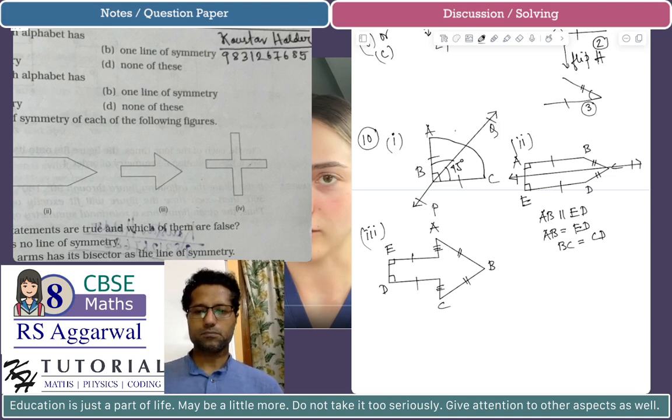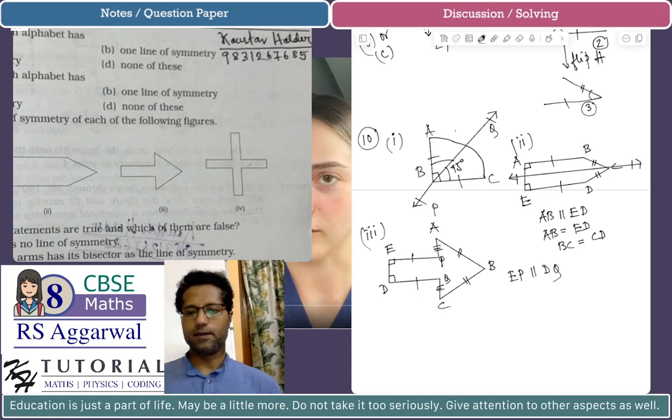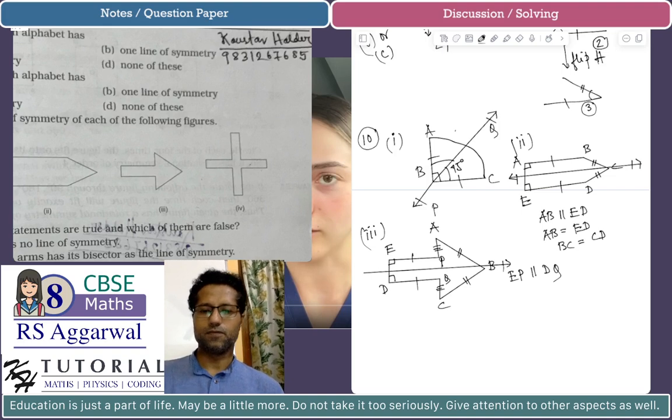And also let's say this be P and Q, we have EP parallel to DQ, and if you draw a line passing through the point B parallel to EP and DQ, this will be the line of symmetry for this figure.